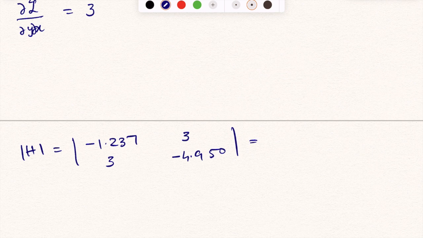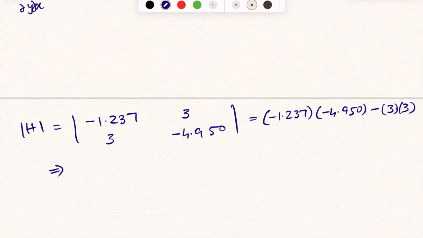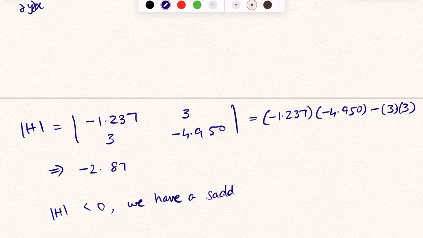To take the determinant, you just cross multiply: minus 1.237 times minus 4.950 minus 3 times 3. This simplifies to minus 2.87. And since the determinant of the Hessian matrix is less than 0, we have a saddle point.